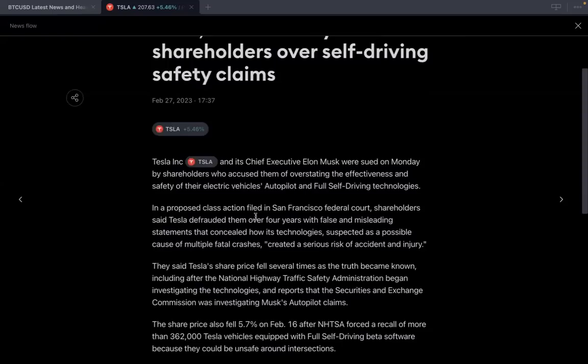In a proposed class action filed in San Francisco federal court, shareholders said Tesla defrauded them over 4 years with false and misleading statements that concealed how its technologies, suspected as a possible cause of multiple fatal crashes, created a serious risk of accident and injury.